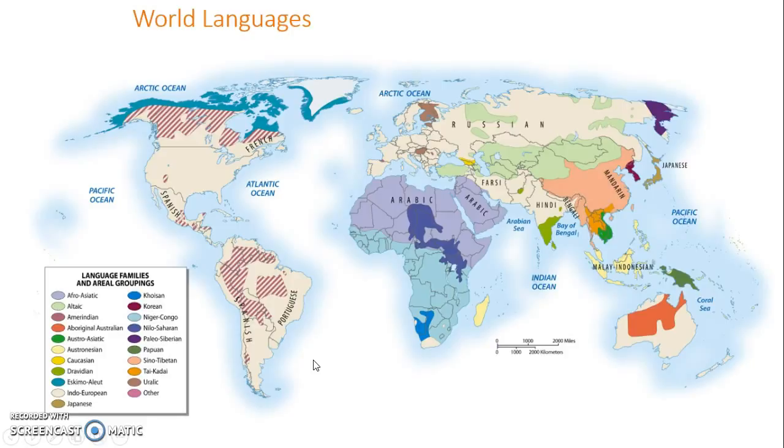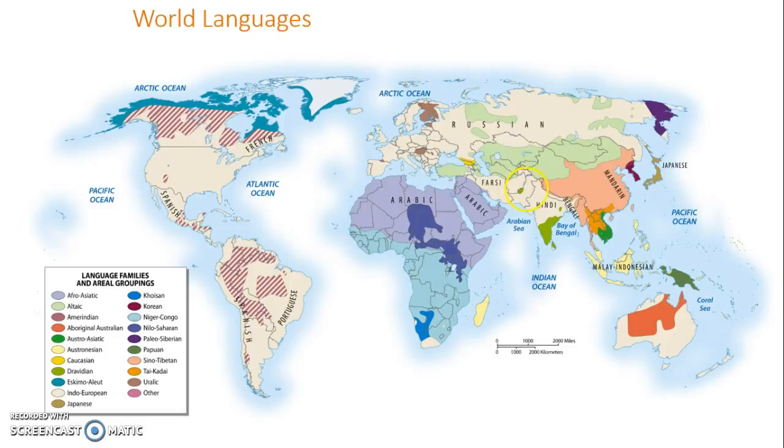Here's a map of languages. An interesting thing to note is that these are language families, which are very large groupings. English, for instance, is part of the Indo-European language family, which includes not just about every language spoken in Europe and the Americas, but also languages spoken in India, Pakistan, Afghanistan, and Iran.